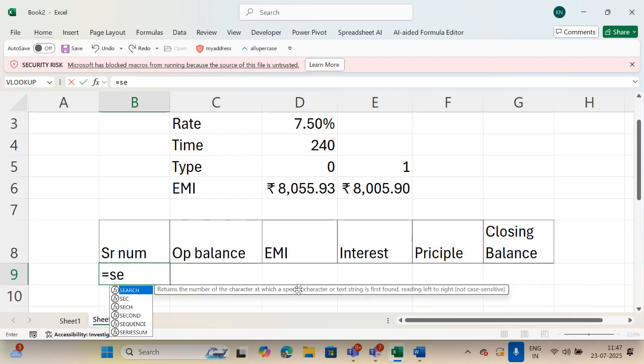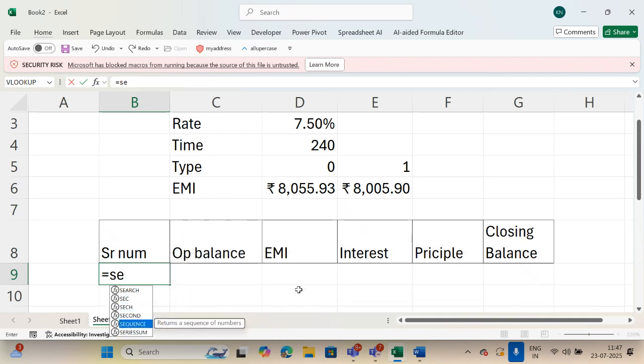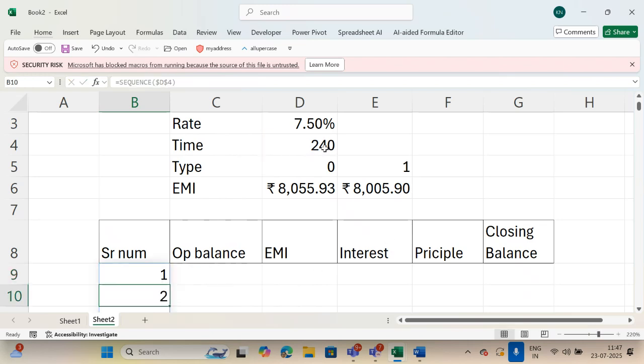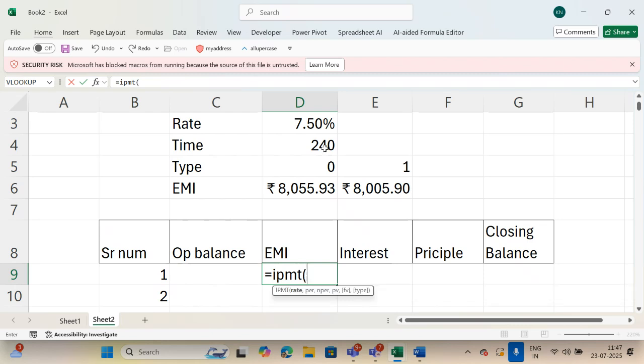That is the new function, so please don't try it if you don't have MS Office. Then enter. Now for the opening balance, I'm not taking any opening balance. Directly I'm going to create the interest with IPMT. IPMT, again the argument is rate divided by 12, comma.